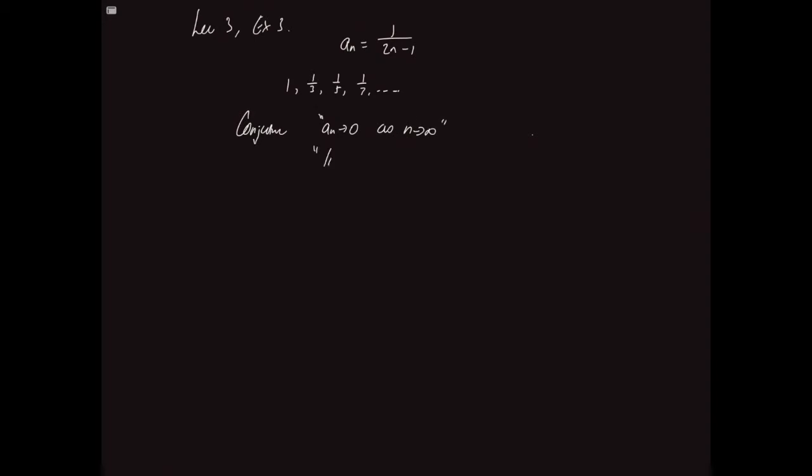write also as the limit as n tends to infinity of a_n is equal to 0. This notation on the left here is implying that that limit exists.